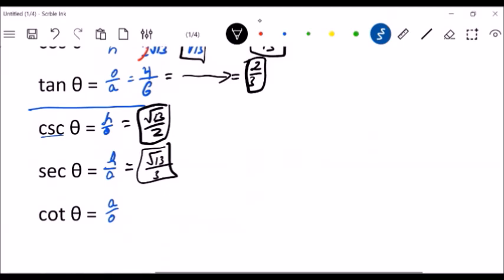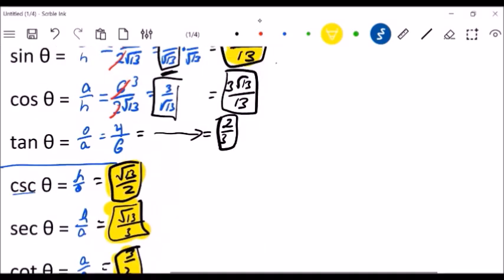Then finally, adjacent over opposite, which is the reciprocal of the tangent, so it's 3 over 2. I didn't keep these all in line vertically with the other ones, but these are at least in line vertically together. So let me go ahead and mark them as correct and final answers for this problem.